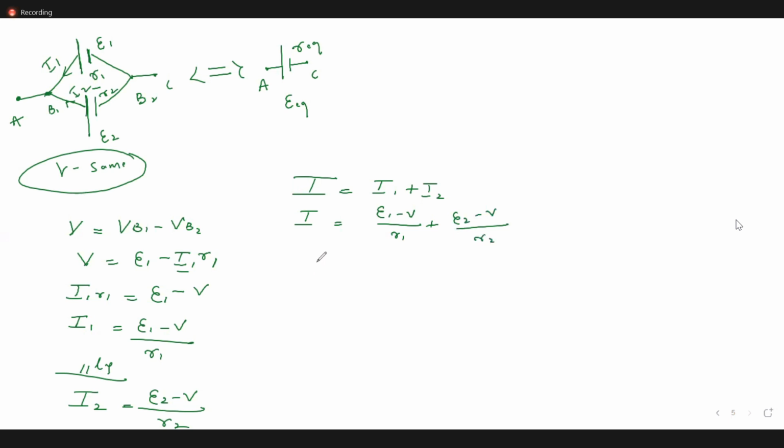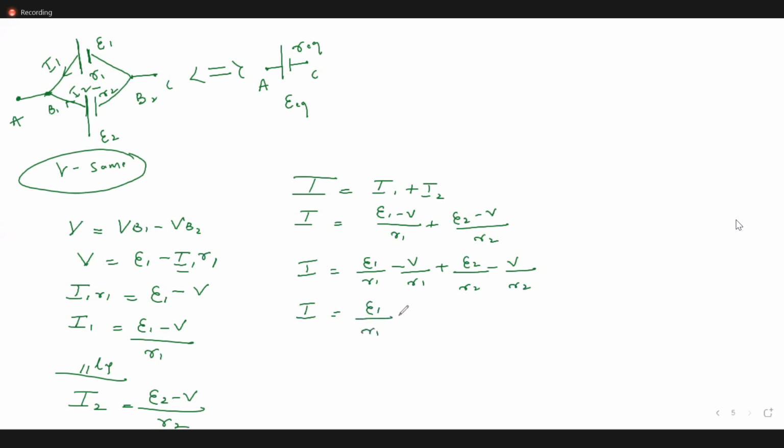Then I is equal to E1 by R1, let me separate, minus V by R1, plus E2 by R2 minus V by R2. Clear? So let me write separately all the EMF terms on one side.